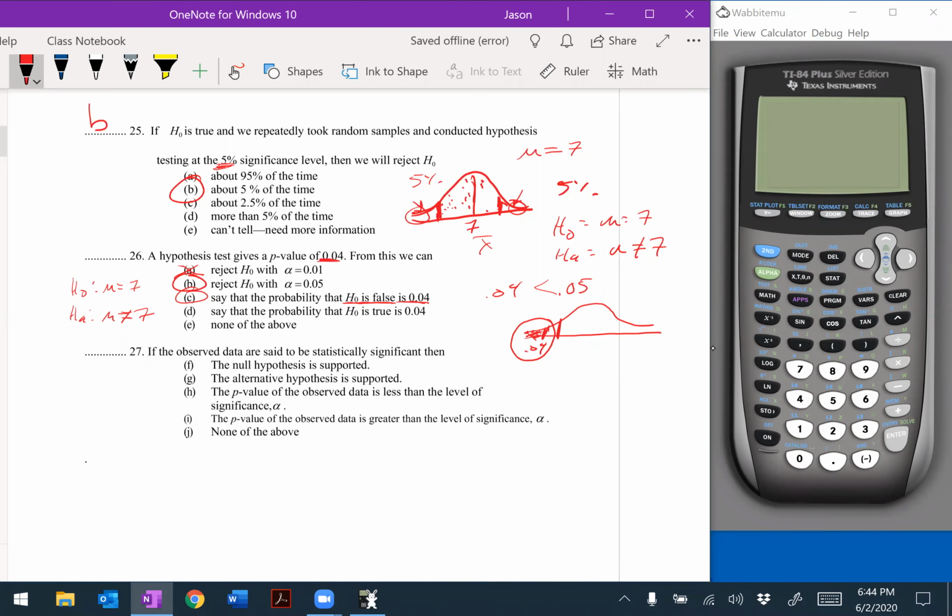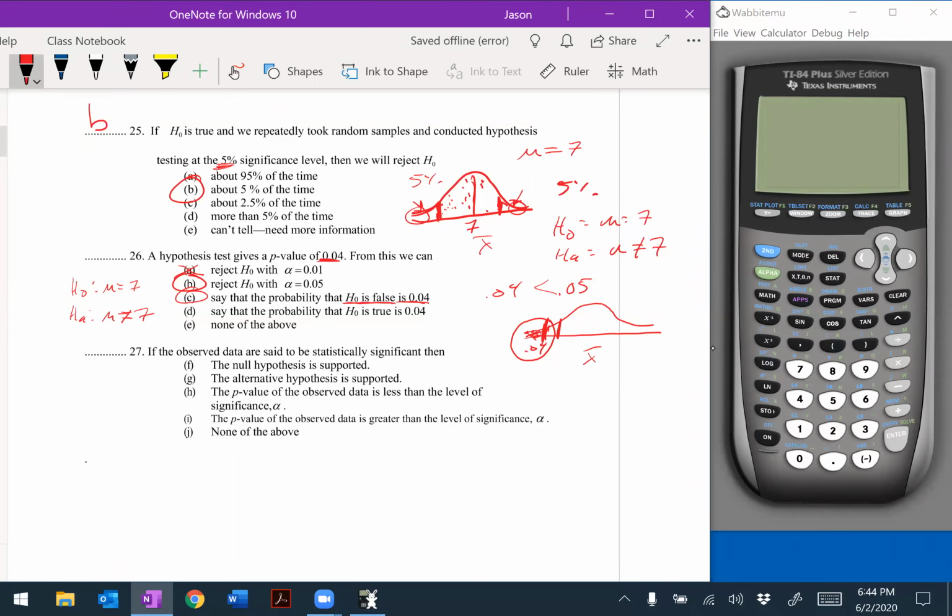D, say that the probability that H0 is true is 0.04. No. Because if I have 0.04, that p-value comes to us from a certain z-score, and that z-score is based on my sample.